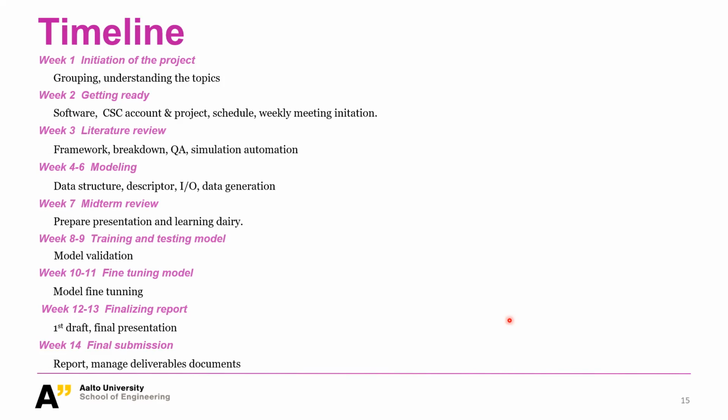After the midterm review, we'll train and test the data, and finally fine-tune the model to have better behavior and as a validation for the overall behavior. And finally, the final report and the final presentation for closing this project.